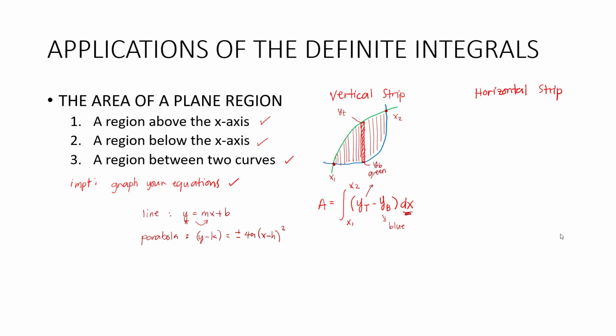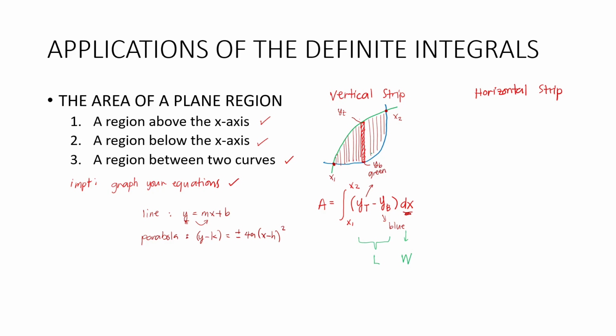So again, if you want to further understand the equation, you might think of this as length times width. So this one is length, and then dx is the width, right? So it's like the area of a rectangle.